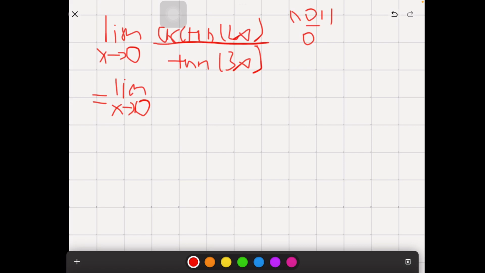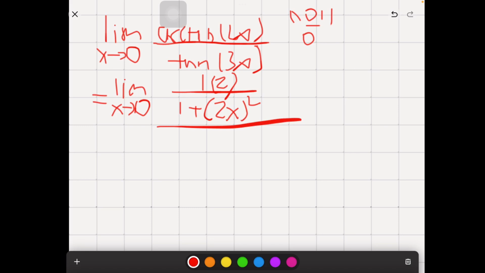So for the top, it's going to be 1 over 1 plus 2x squared. And we're not done yet. We still have to multiply everything by 2 because of the chain rule. The derivative of 2x is 2, and so we multiply that in.